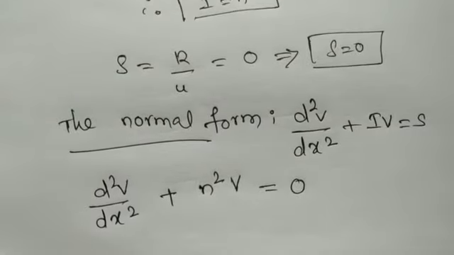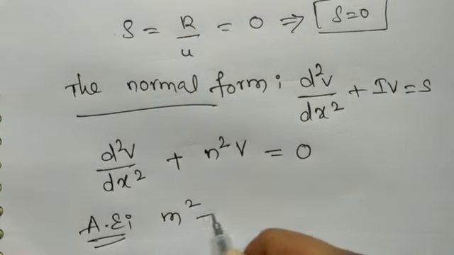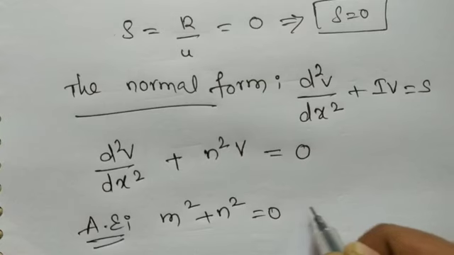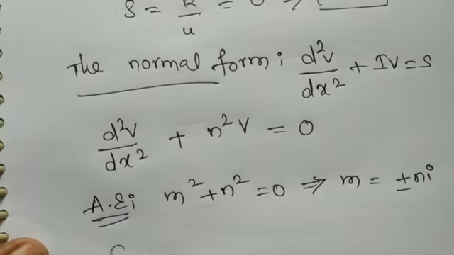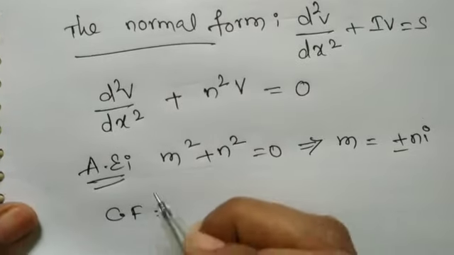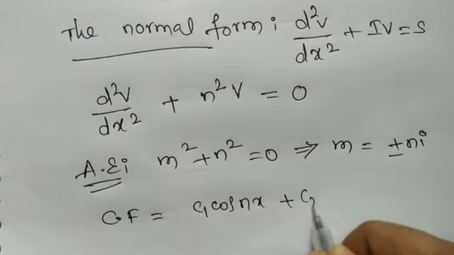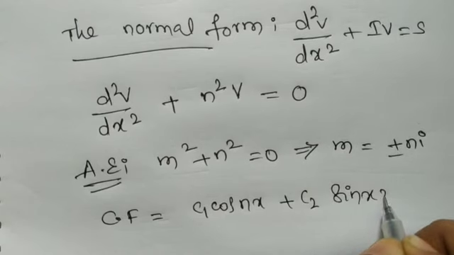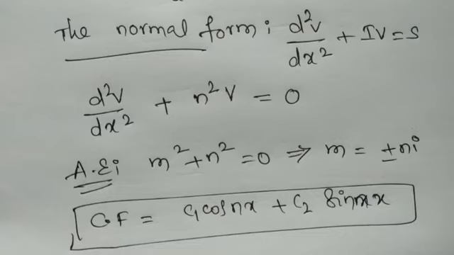So here the auxiliary equation is m square plus n square equal to 0, then m equals plus or minus ni. So the complementary function is c1 cos nx plus c2 sin nx. So this is the complementary function.